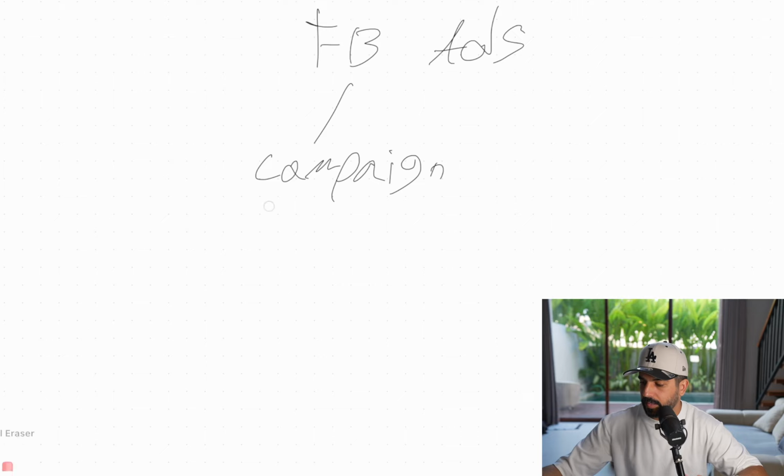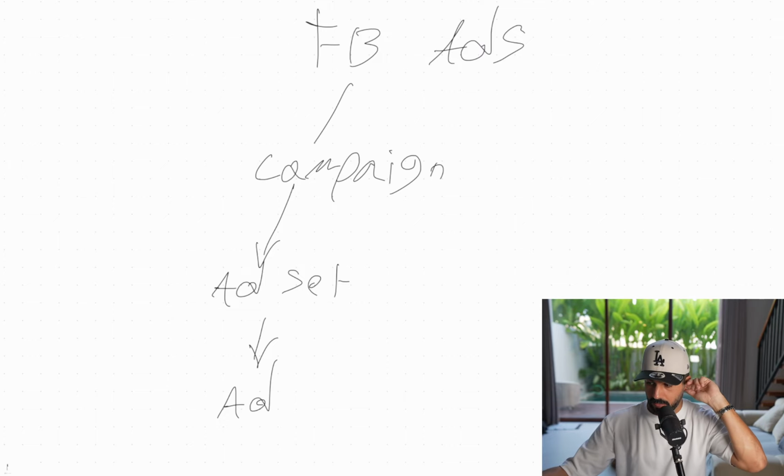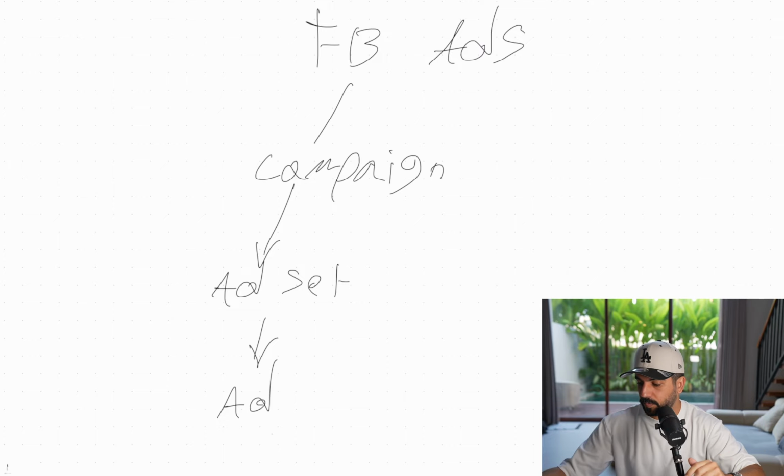And underneath the campaign, we have ad sets. I'll explain to you what each one of them is responsible for. Then we have the ads, and this is pretty much it. And of course, underneath the ad, it's either going to go to a lead form or to a landing page.